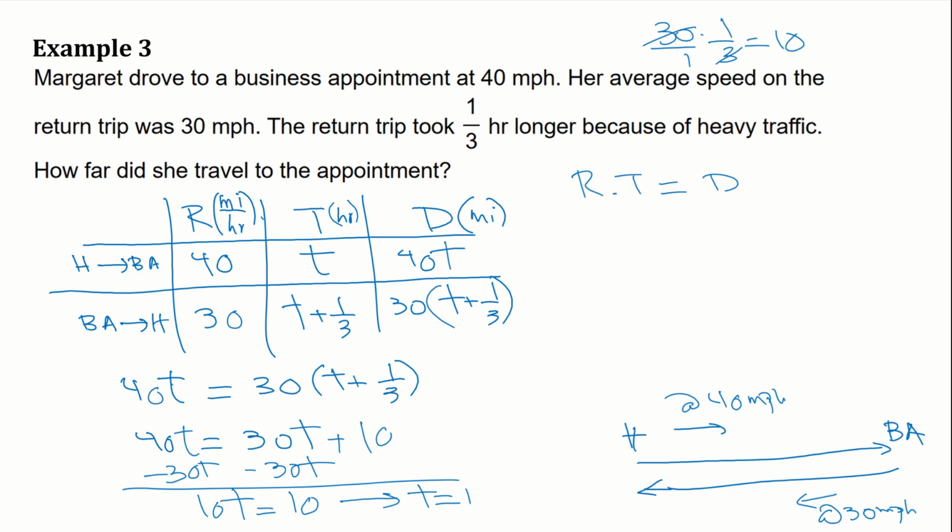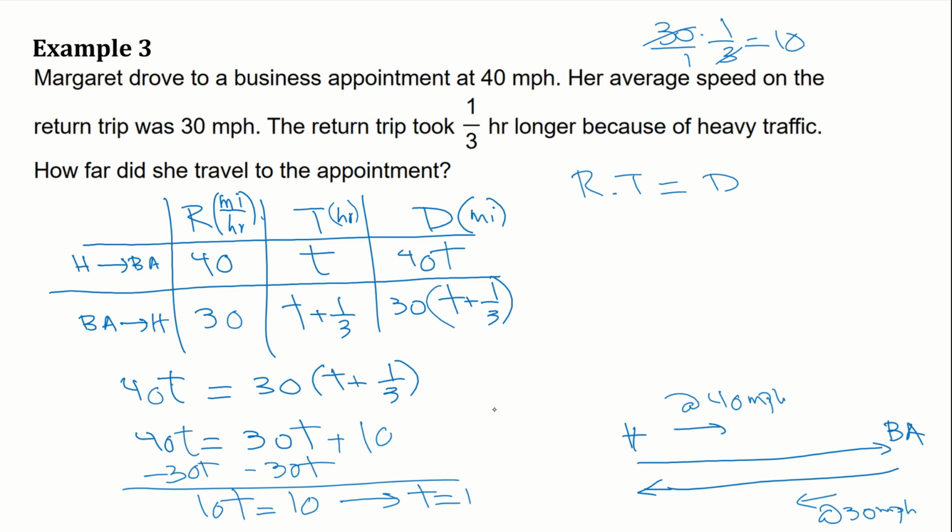So is that the question they asked? What was the time that it took her to go from the home to the appointment? No. See, that's what I was talking about, that you have to make sure you answer the question that's asked. So the question is, how far did she travel to the appointment? So either of these two distances should do, right? So which one is easier to calculate? This one.